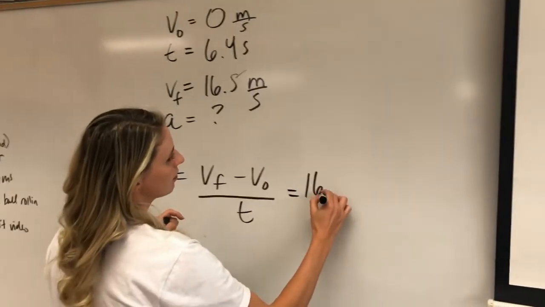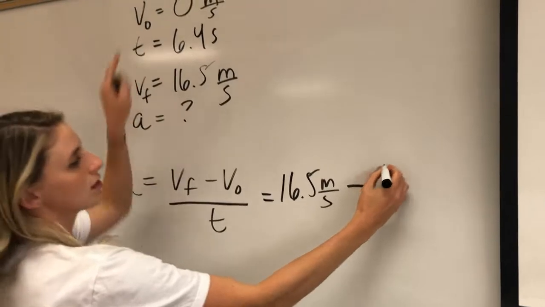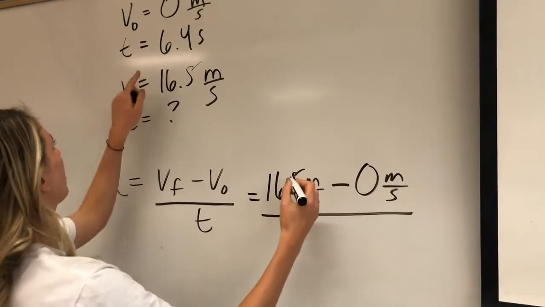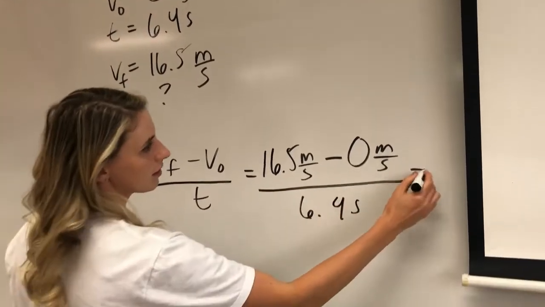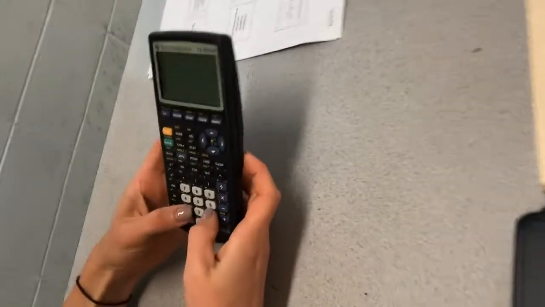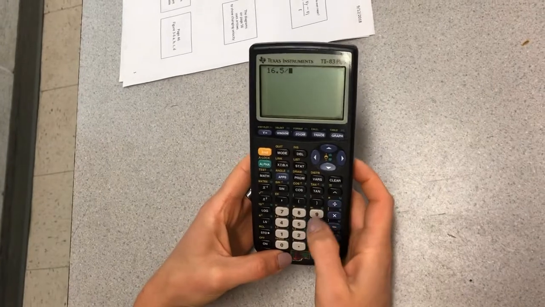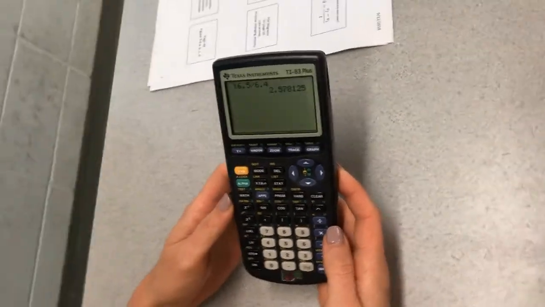16.5 meters per second minus 0 meters per second, divided by 6.4 seconds. That gets me 16.5 minus 0 divided by 6.4, and I get 2.58.